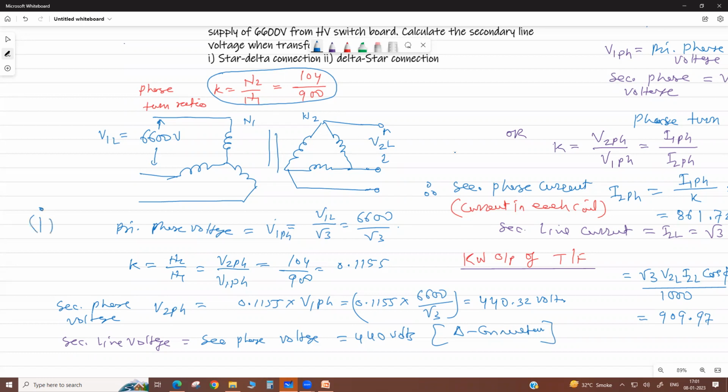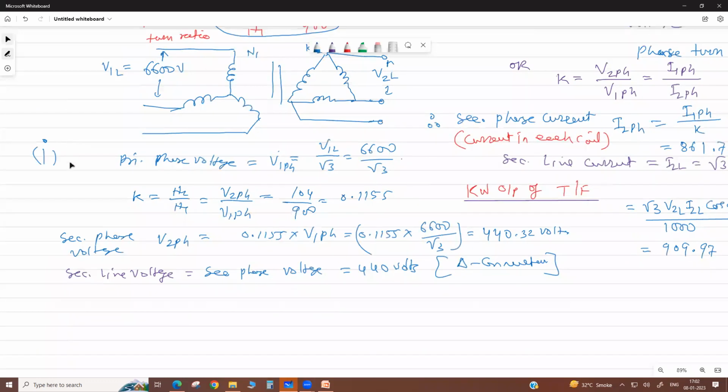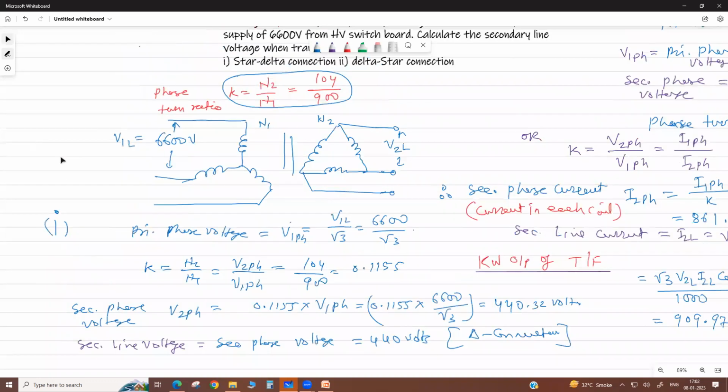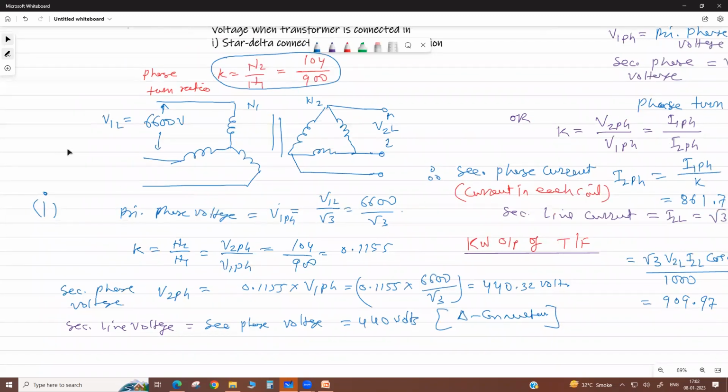Second part you make different. Then you use the same turn ratio, but here primary is delta. It means this phase voltage equals line voltage 6600. Then you calculate secondary side V2. That comes as phase voltage. Then you multiply that by root 3, then you get the line voltage. Correct?